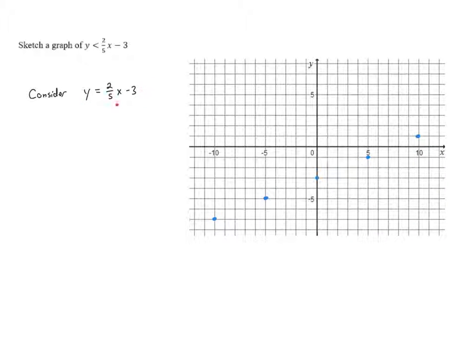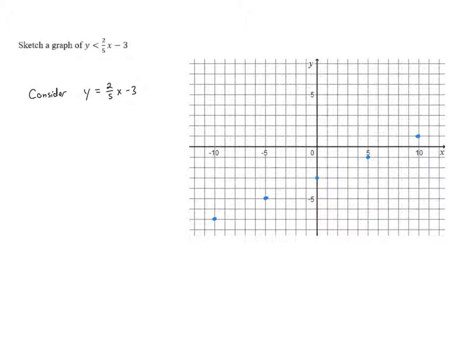Points on this line, y equals 2/5 x minus 3, are not going to be solutions to the inequality y is less than 2/5 x minus 3, because any point that is a solution to this equation is going to have the y-coordinate equal to 2/5 the x-coordinate minus 3. But for this inequality, we need the y-coordinate to be strictly less than 2/5 x minus 3.